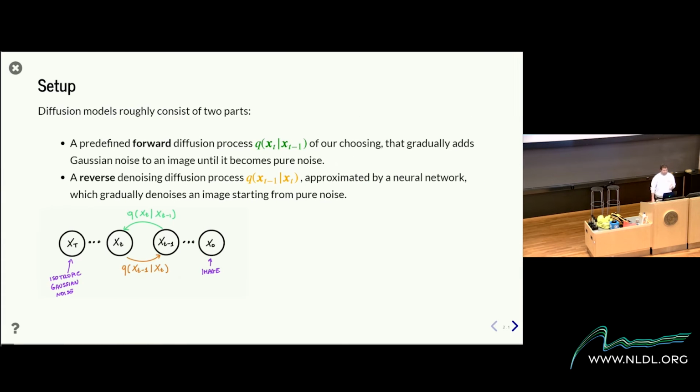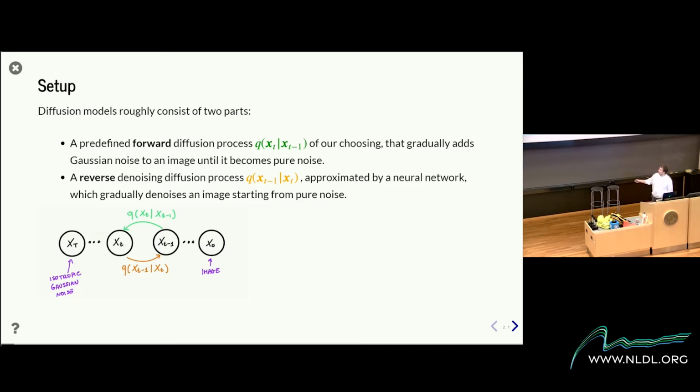So let's get started. A diffusion model roughly consists of two parts. The first is a predefined diffusion process. This one in green, I don't know if you can see my pointer, is this conditional probability q that is conditioned on x_{t-1} and gives us x_t, that is the next sample that we get, and it's represented here by this green arrow.